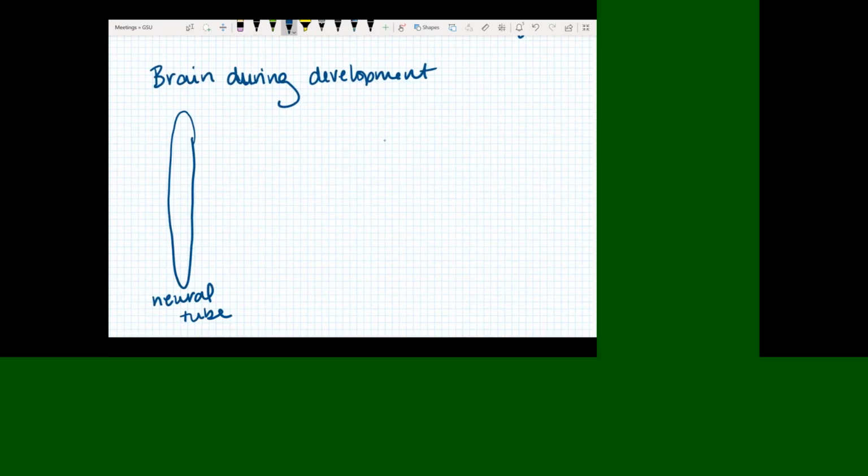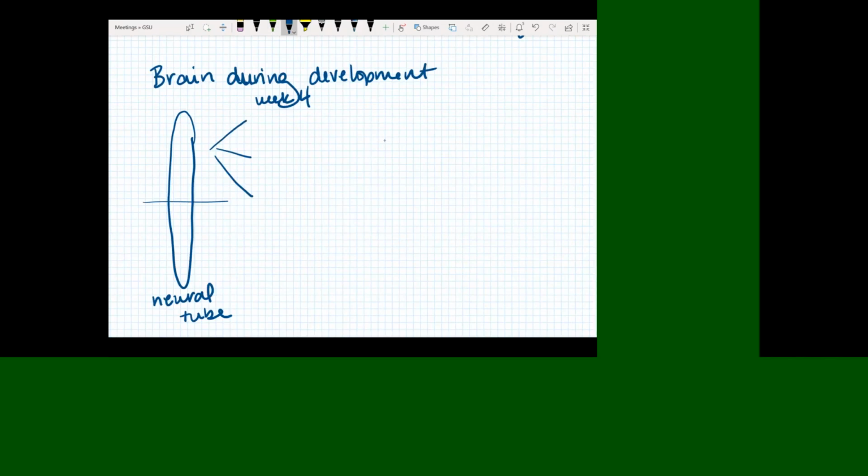And then by week 4 of development, after fertilization, it will split into 3 branches. So kind of around here-ish is when we're going to be branching. So up here we'll have 3 sections that it will be split into.